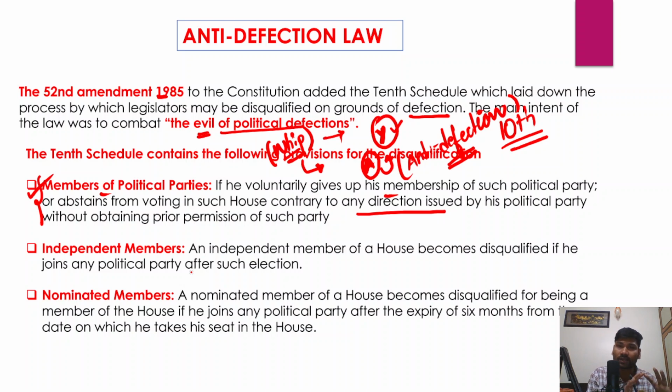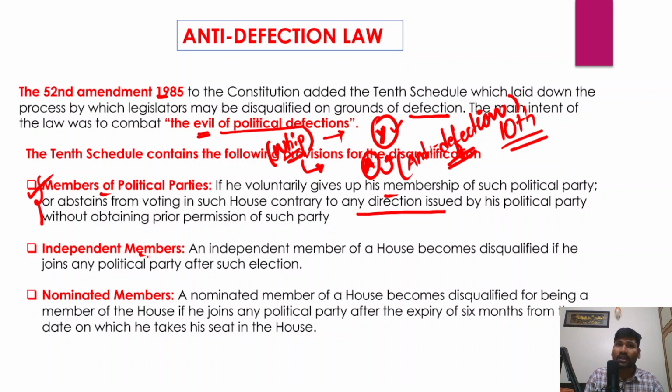So not with any political party symbol or any political party's support. And because of that particular reason, the anti-defection law has also provided provisions for independent members. So if any independent member, after his or her election, joins any particular political party, then the independent member will also be disqualified under the anti-defection law.